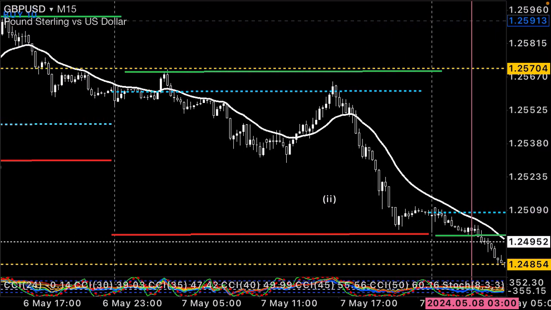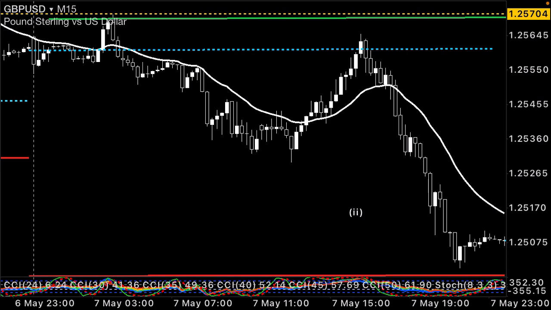This is day 2. The higher high on the left is the first green day, putting in a high above the closing price, which is the light blue dotted line, the previous day's closing price.